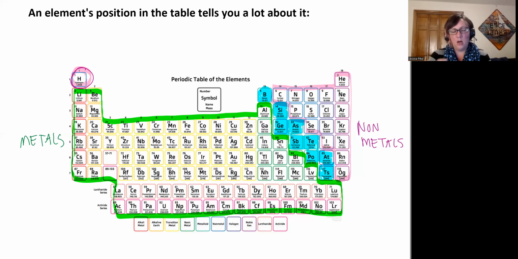But so our nonmetals that are in this upper right-hand part of the periodic table share some similar properties with one another. They tend to be kind of brittle and dull, and they are insulators. It means they don't conduct energy, like heat or electricity. So they don't conduct.